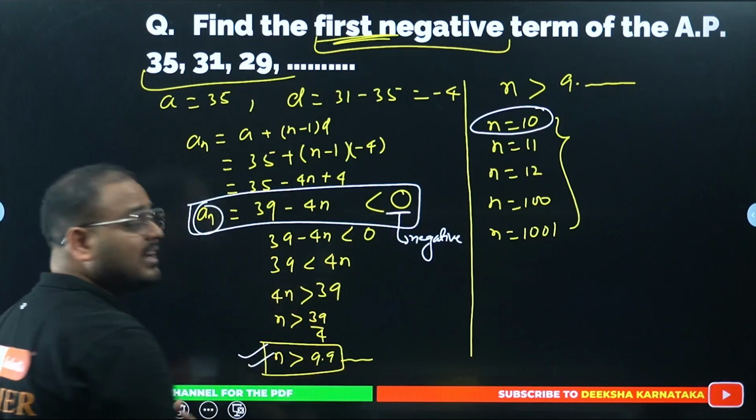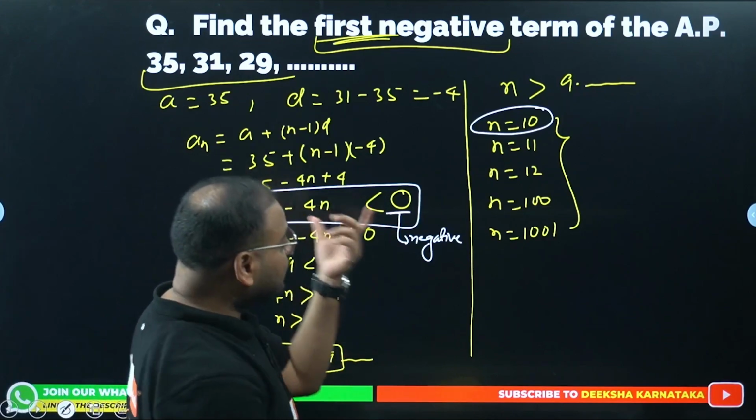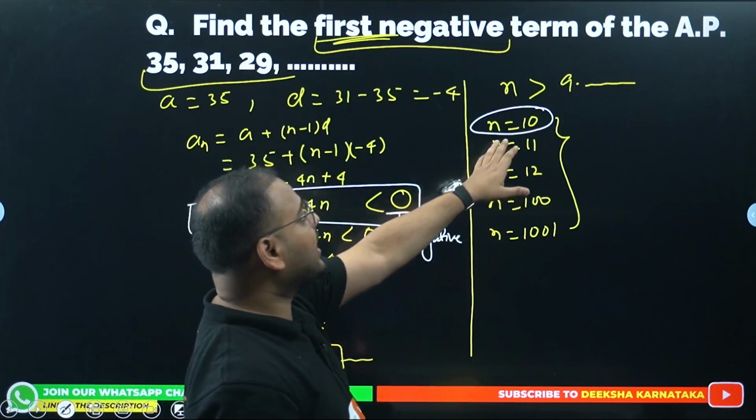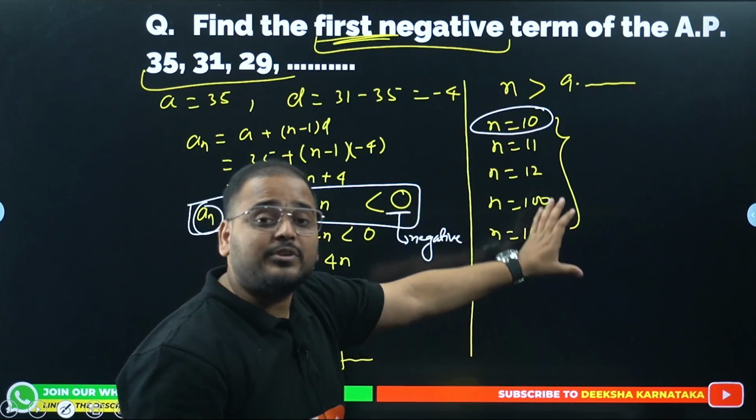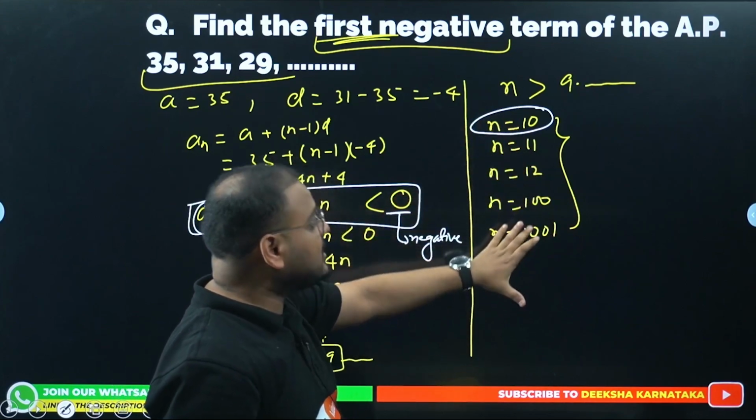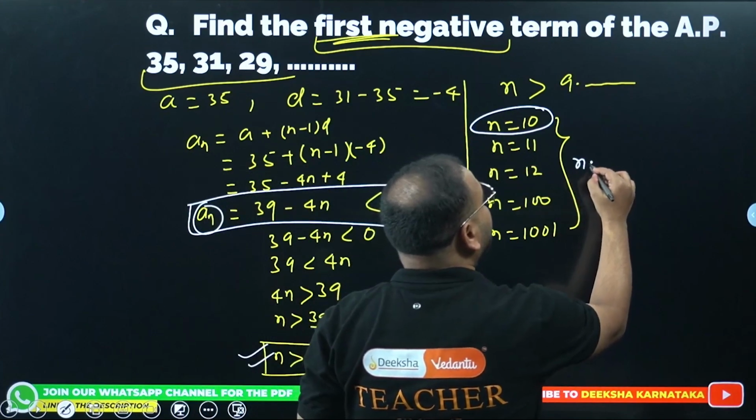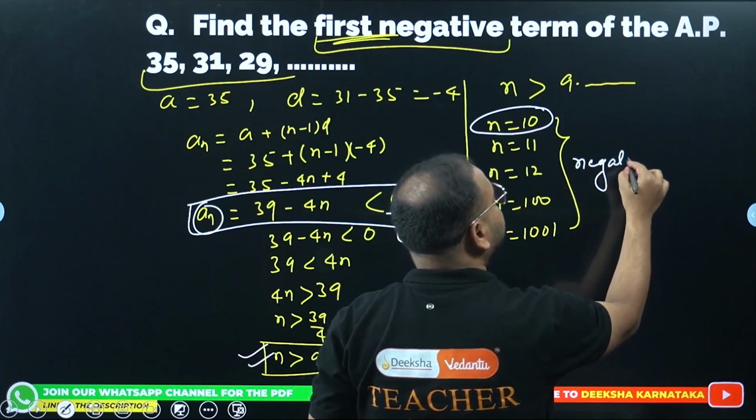Anything less than 0 is negative. Then we got n greater than 9 point something, and for that reason I am able to get these numbers. So all of these terms are negative.